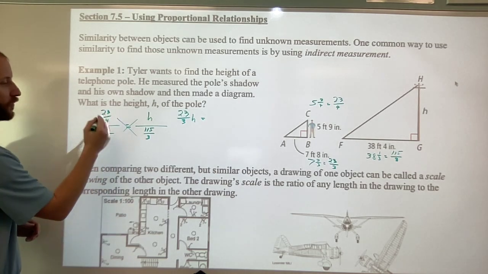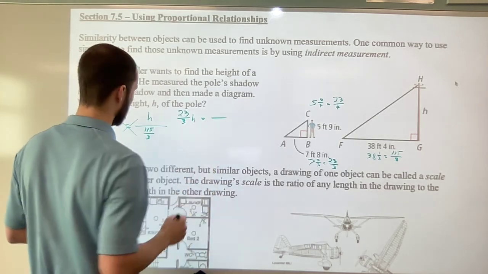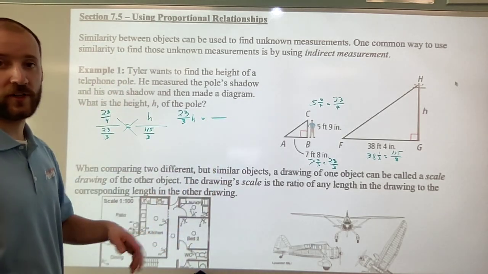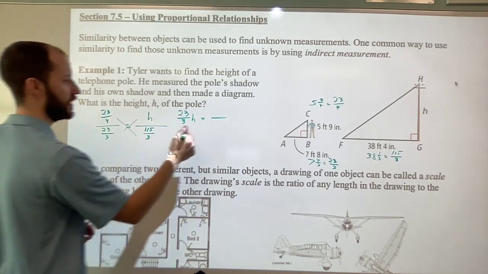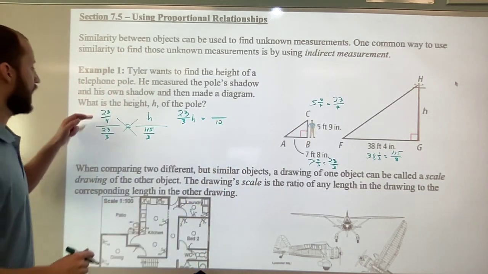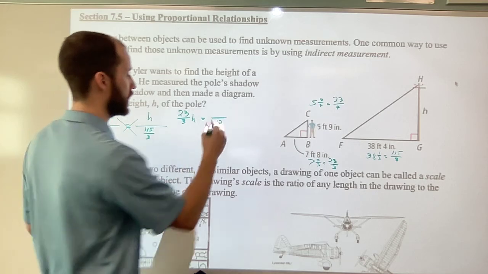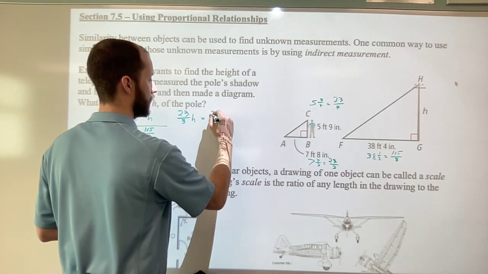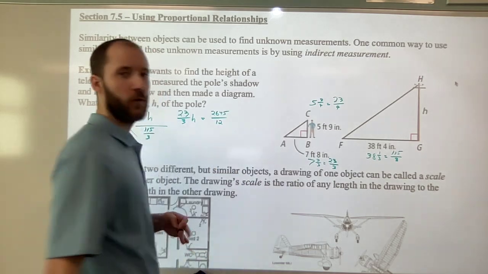So 23 over 4 times 115 over 3. So do denominators first, that's easy enough. Bottom times bottom, 4 times 3 is 12. And 23 times 115, you figure that out, you get 2645.